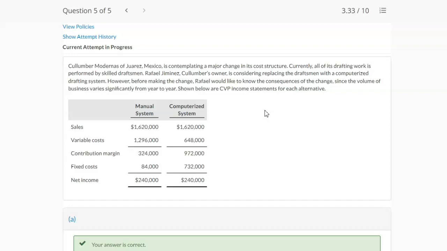It's 0.079. Yes, 0.079. Okay, all you have to do to calculate the increase in profits is go down and multiply that.